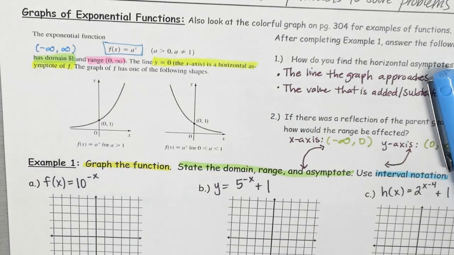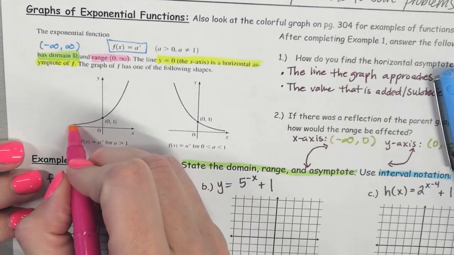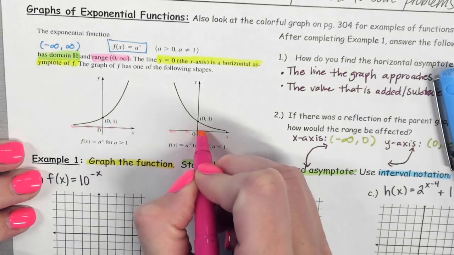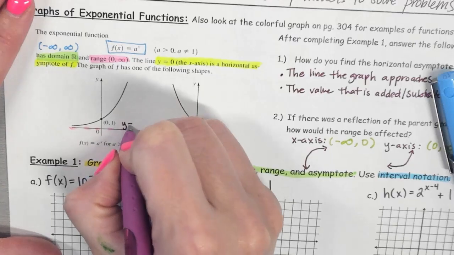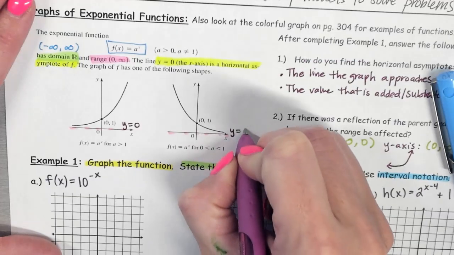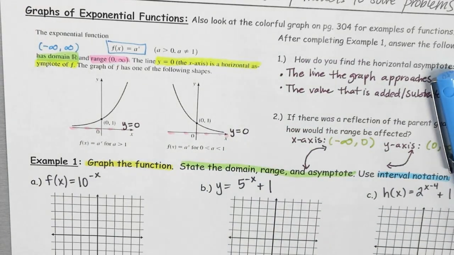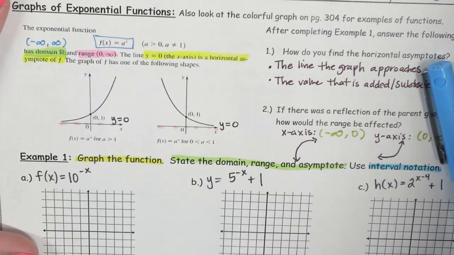Okay, so these are going to be your shapes. Whenever you are doing the asymptotes, I want you to make your dashed line. You can use a highlighter and then just label it. So in this case, it would be y equals 0. Here you have y equals 0. Okay, and then they give you a few stipulations at the bottom.